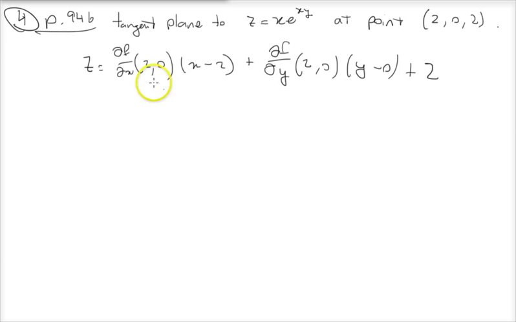So now we need to take both of these partial derivatives. Let's start with the partial derivative with respect to x, out of this equation right here. We need the product rule because we've got two functions of x multiplied by one another.